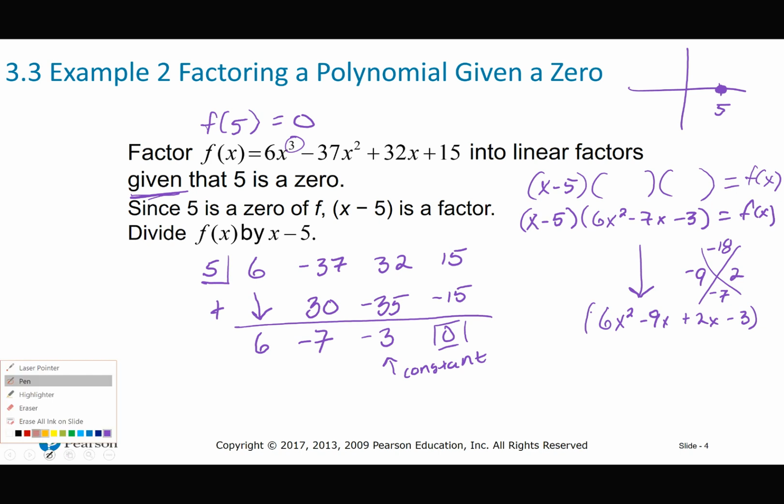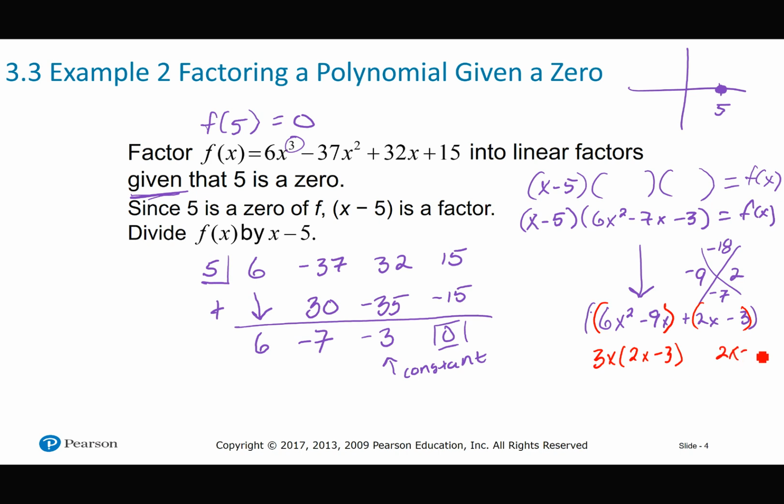In order to factor this, I can do my factoring by grouping. In this one I could factor out a 3x, and so it'd be 2x minus 3. Conveniently, this one's already 2x minus 3, so really all I had to factor out was a positive 1. So I have 3x plus 1 multiplied by 2x minus 3, and then I cannot forget this x minus 5 that was still a factor.